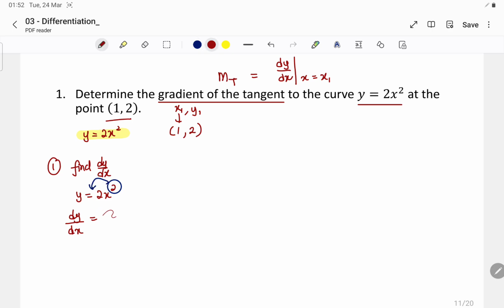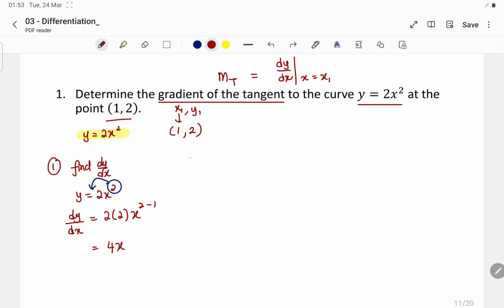Then you get 2 multiplied by 2, and then x squared we copy, the power we minus 1. So you get 4, 2 times 2 is 4, and then x to the power of 2 minus 1 becomes x to the power of 1. Here we don't really write x to the power of 1, we just remove it like this. So you got your dy/dx already.